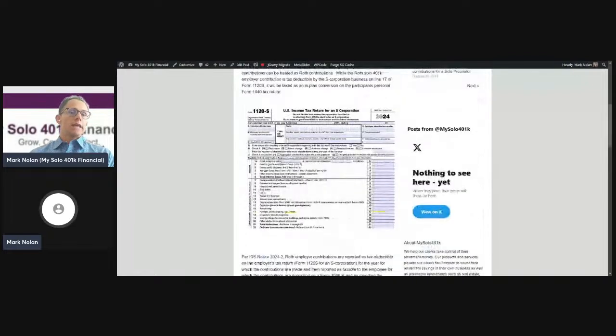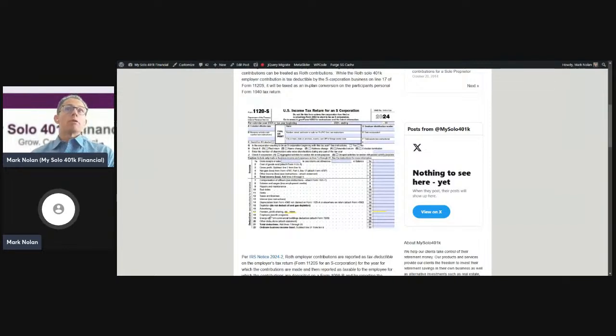You're then going to report that $25,000 Roth employer contribution on the business tax return. For an S corporation, that's going to be Form 1120S, the U.S. income tax return for an S corporation.